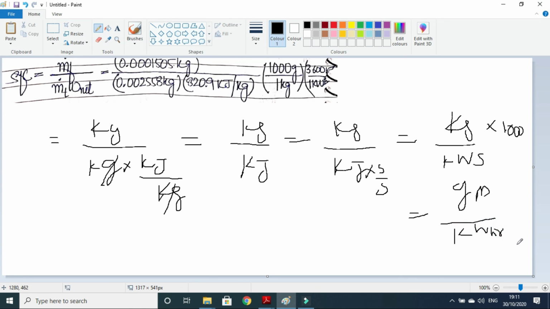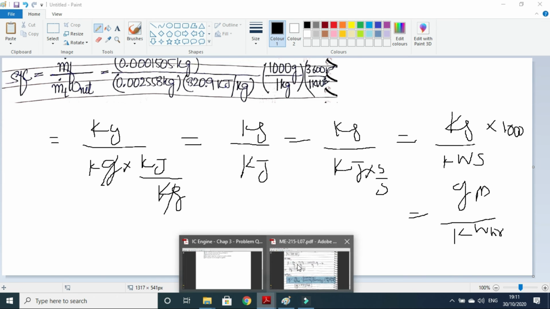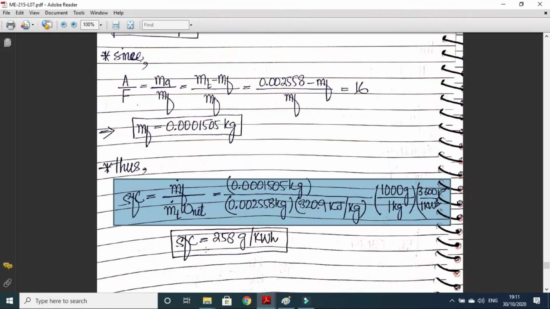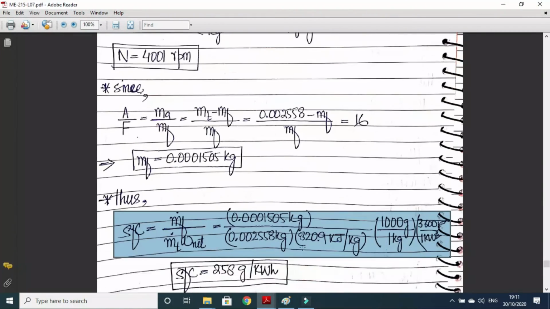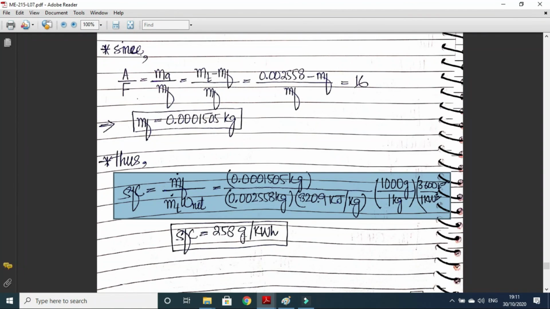In order to convert second into hour, we need to divide by 3600, and since second is already in division, it will be multiplied with the main expression. That is why we have multiplied with 3600. So with this we can calculate the specific fuel consumption. In order to produce the specific work output of 820.9 kilojoule per kilogram, we need to burn 258 gram of fuel for 1 kilowatt hour of energy.